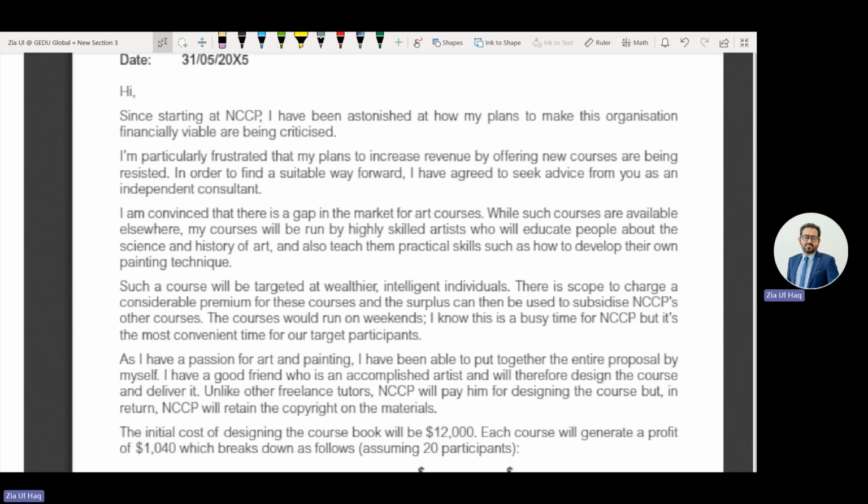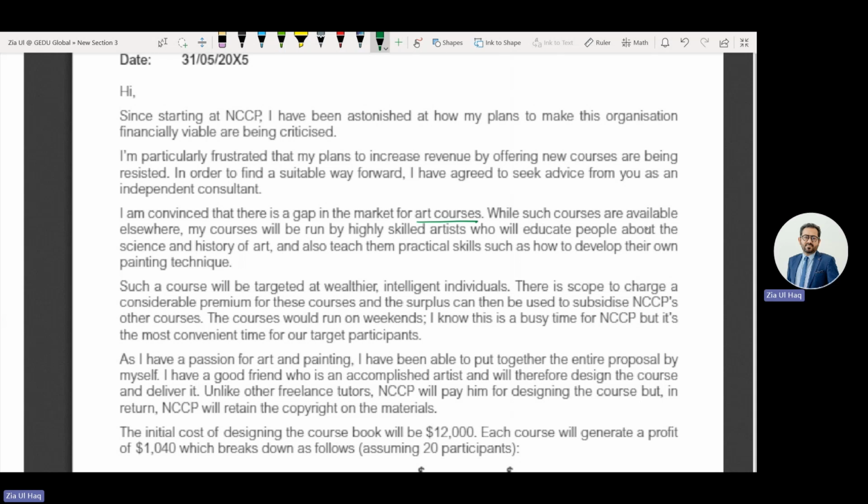I am convinced that there is a gap in the market for art courses. The company was offering basic computer, IT, finding a job and business skills. And he's saying there's a gap in the market for art courses.